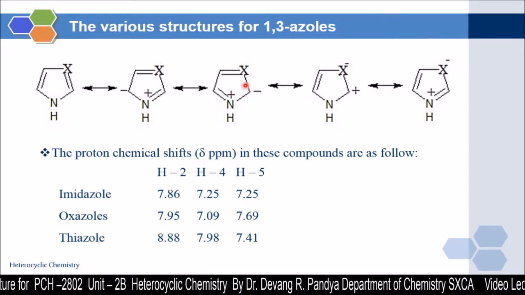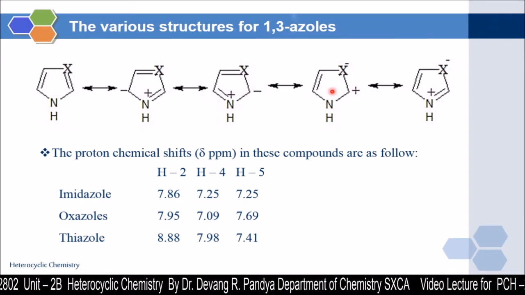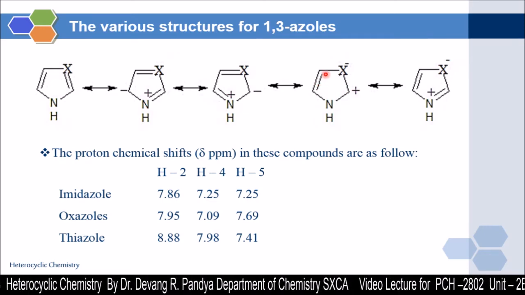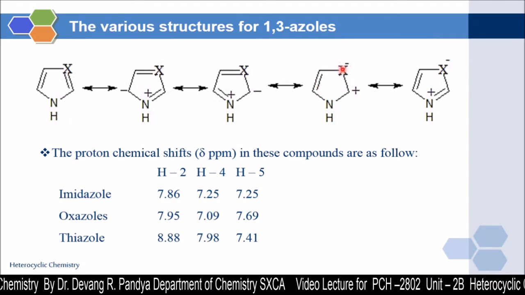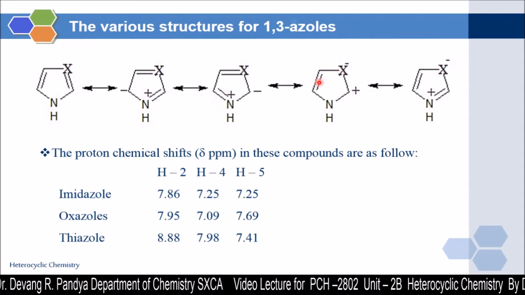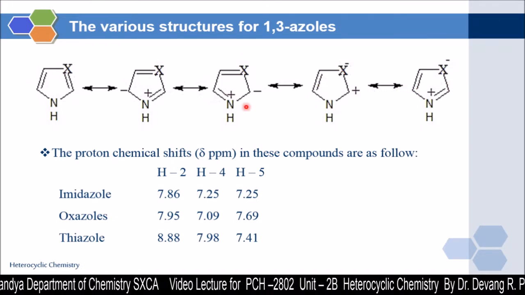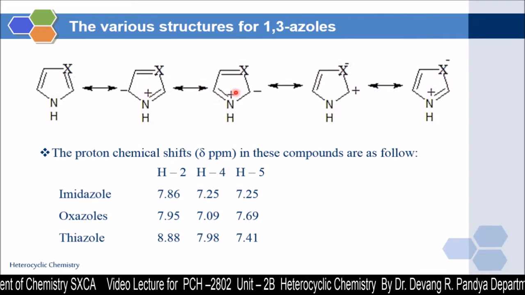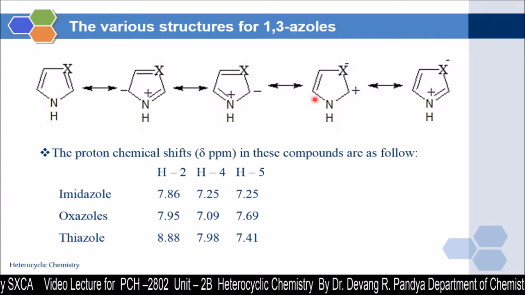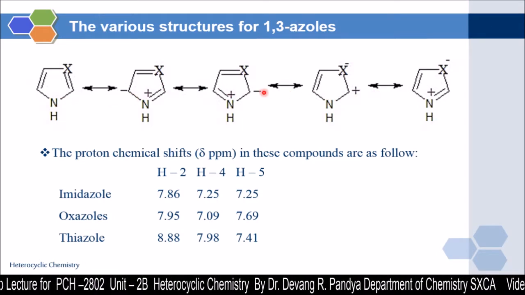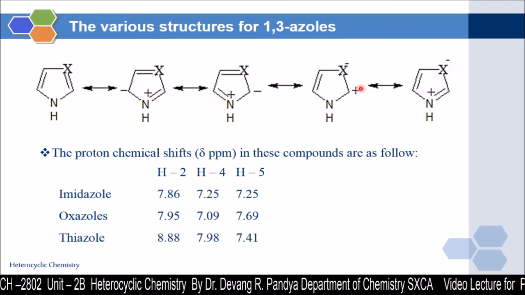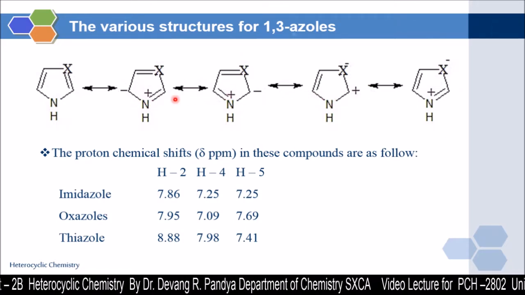To satisfy that negative charge, again the electrons shift over there, so a positive charge generates and the negative charge shifts onto the heteroatom. After this, 1, 2, 3, 4 and 5 resonating structures are obtained, which indicates the aromatic nature of this heterocyclic 1,3 azole.